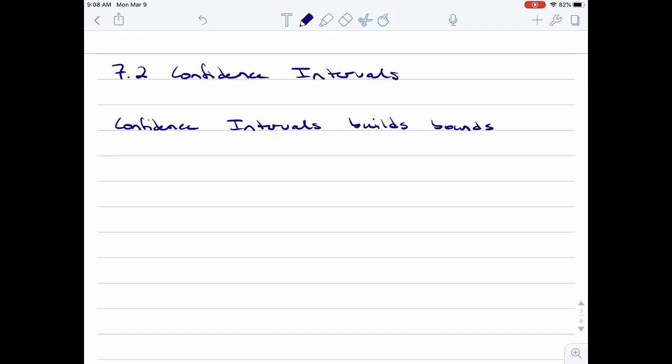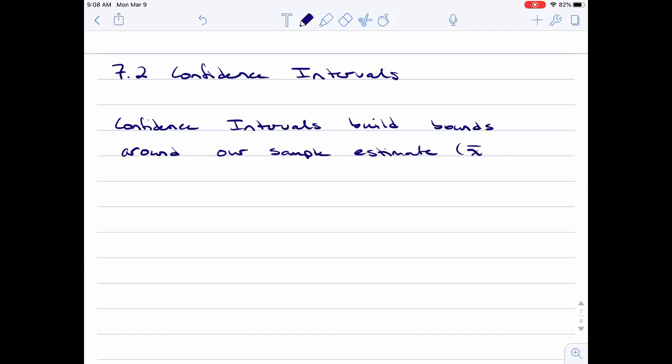So many S's. Confidence intervals build bounds. There we go, sounds better. Confidence intervals build bounds around our sample estimate.